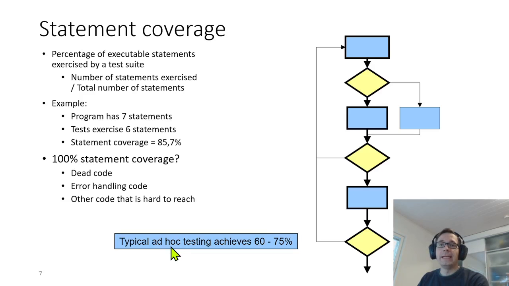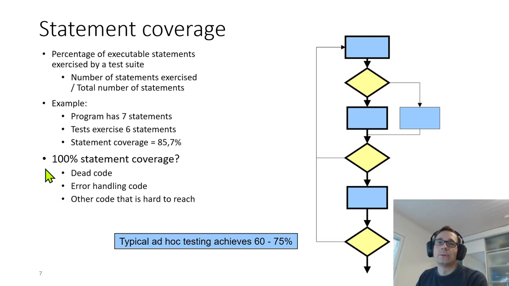So it has been claimed that the typical ad hoc testing achieves something between 60 to 75% statement coverage. In our example program, it should be quite easy to reach 100%, as with only a single test case we are able to come up with 85, and there is only this one statement we additionally need to cover.